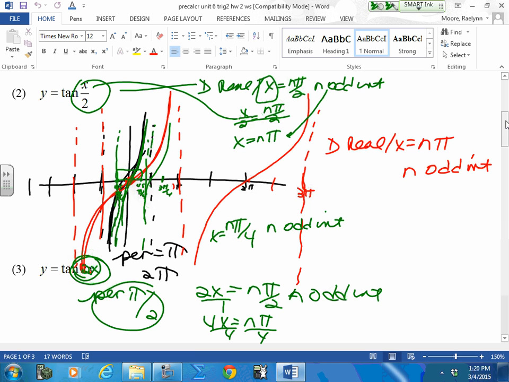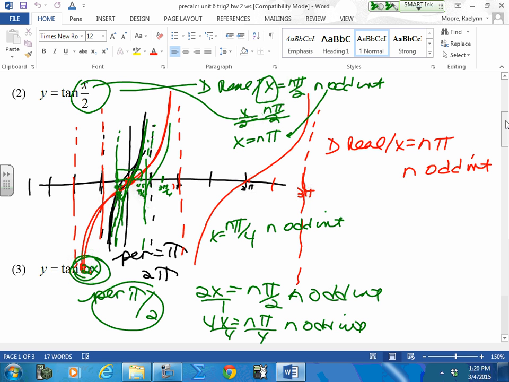Look at that. N pi over 4, where n is an odd integer. So if I can't really see it when I graph it, can I solve it by knowing what my original domain is? But what I want you guys to see in your own heads is, when am I stretching? When am I shrinking? When am I doubling my period? When am I halving my period?